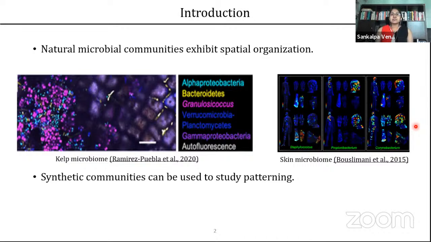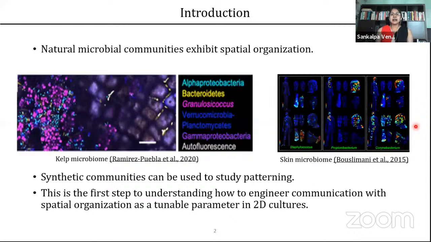And these synthetic communities are also useful because when you have large genetic circuits, which are modular, and have a particular function, one major limiting factor is the crosstalk between different components of this genetic circuit. In this case as well, spatial organization can be used as a tunable parameter to separate different modules of these genetic circuits into different cells and study them.